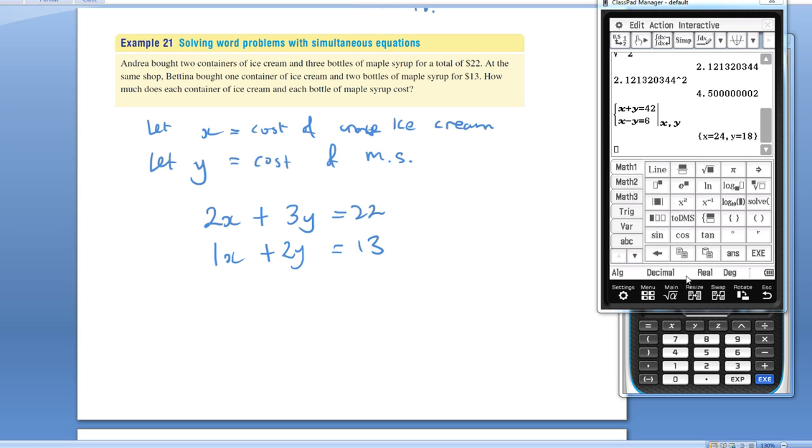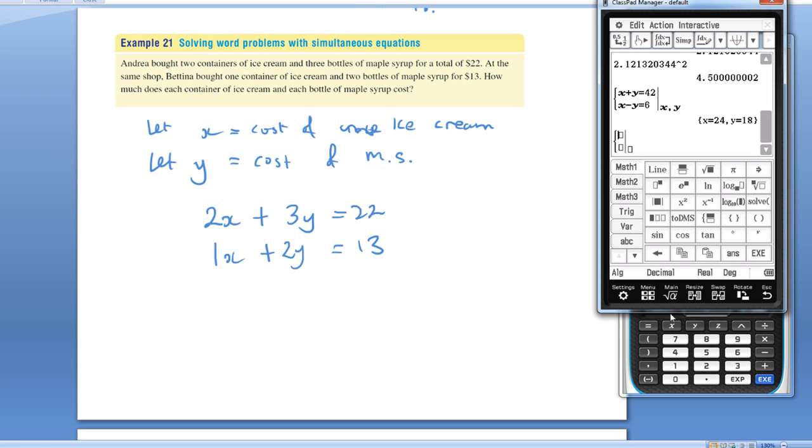So again, I would use the template and type in my equations: 2x plus 3y equals 22, and x plus 2y equals 13. Don't forget x comma y, they're the things we want to solve for.